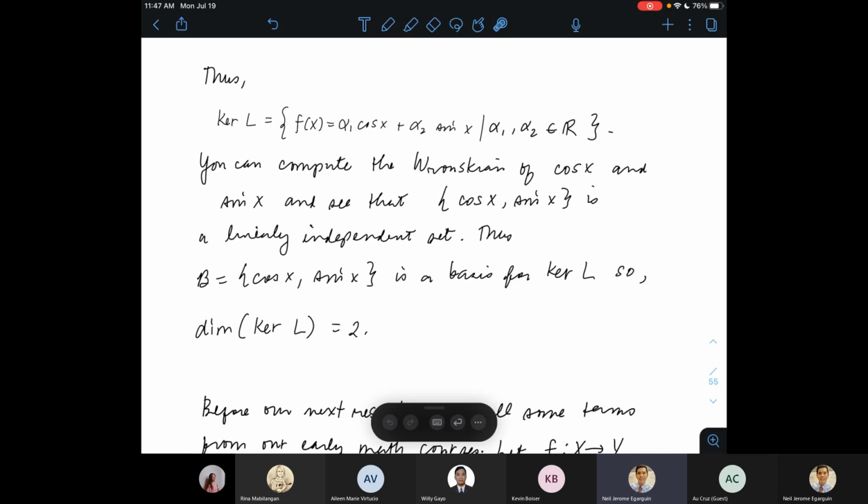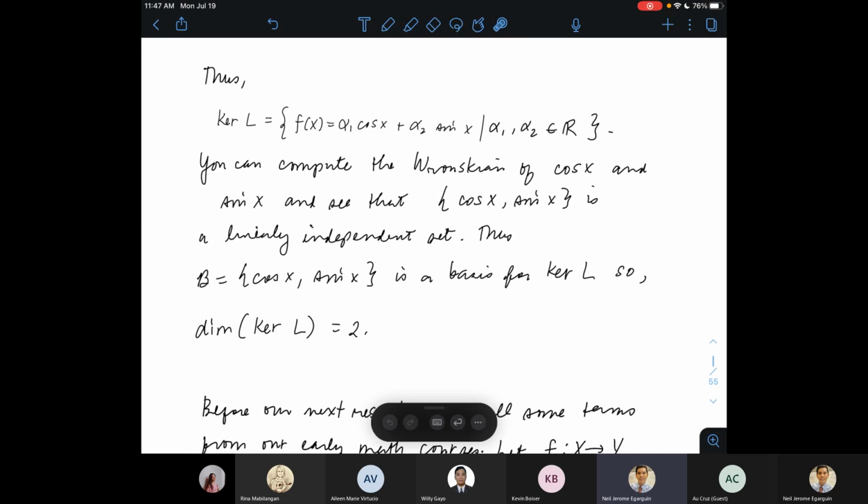Since the Wronskian has that property, we can say that this set is linearly independent. And thus, the set containing cosine x and sine x is a basis for the kernel of L. And so the dimension of the kernel is equal to 2, right?